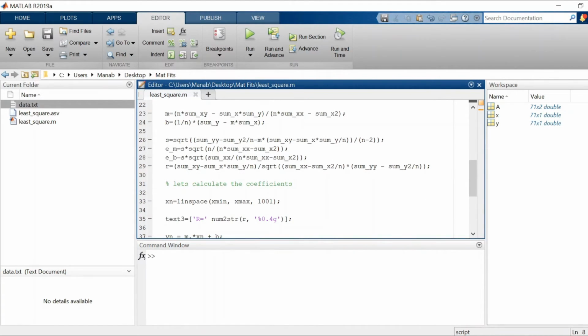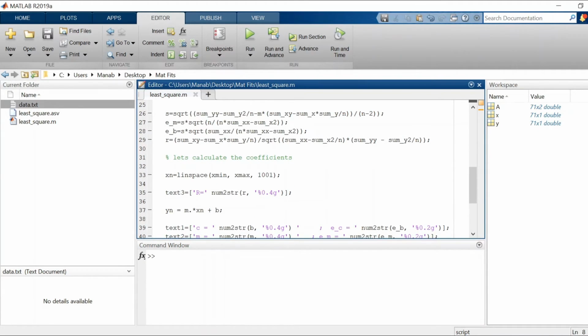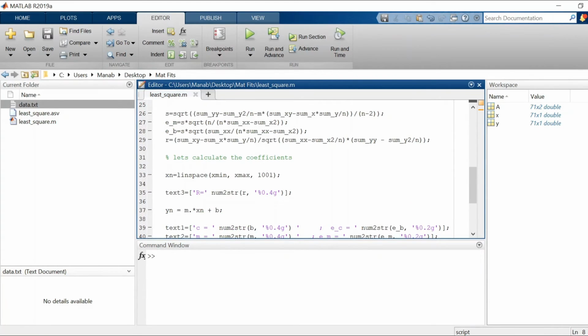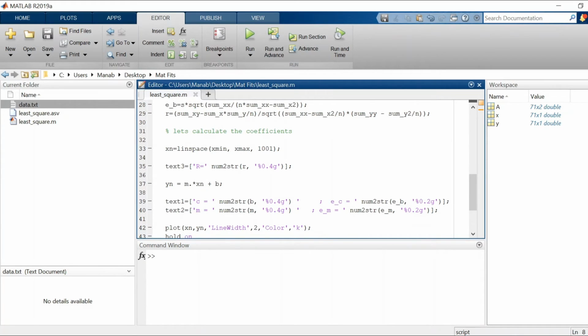Now the error of fitting is given by this, em and eb. Now we would also like to show the fitted curve, so we generate the fitted curve using this equation, yn is equal to m into xn plus b, where m and b are the slope and intercept, and xn is an array defined by this quantity.